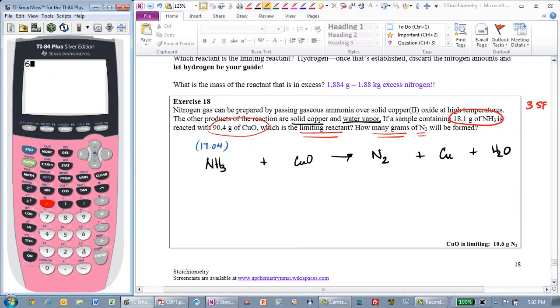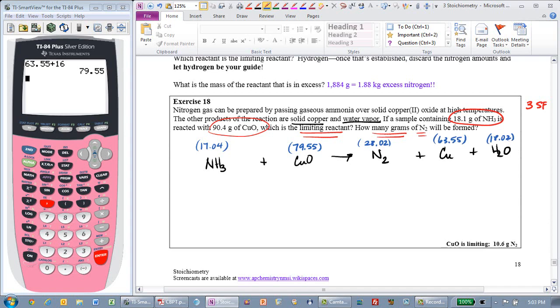So 63.55 plus 16 for that oxygen gives me 79.55. Nitrogen, 14.01 twice, sorry. Copper, we just looked up, 63.55. I do have a little bit of short-term memory left at my age. And then water is lovingly 18.02.